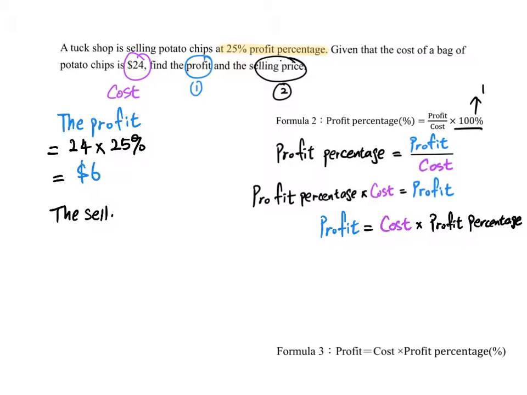Because we know the profit and the cost, the selling price is just equal to the cost, 24, plus the profit, 6. That means if we sell the product at $30 because the cost is $24, so I can earn $6.